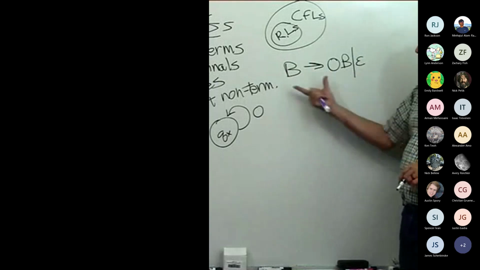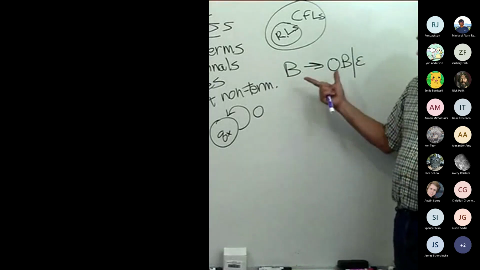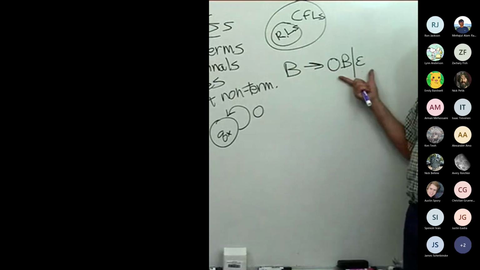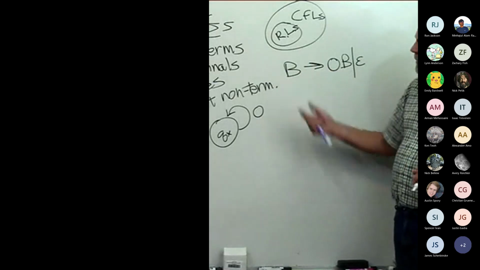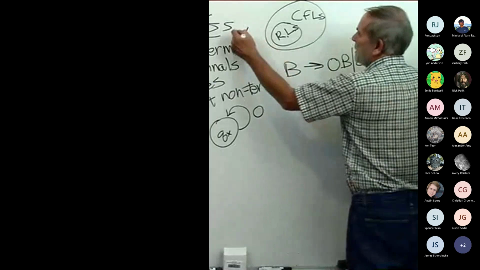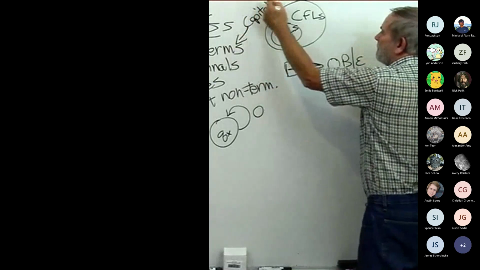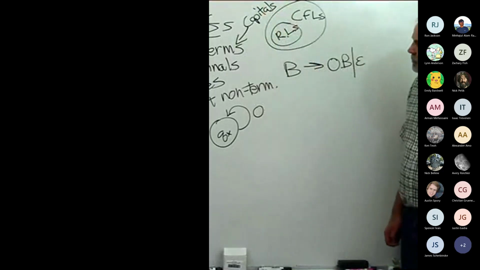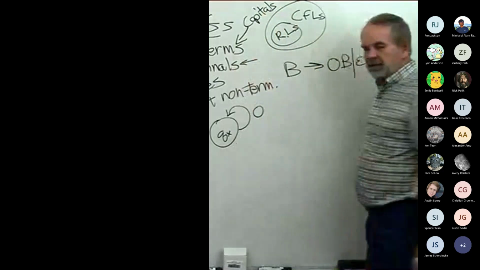So this actually would be, most precisely, 2 different rules for the non-terminal B. Remember that for non-terminals, we use capital letters. Terminals are usually just for convenience.